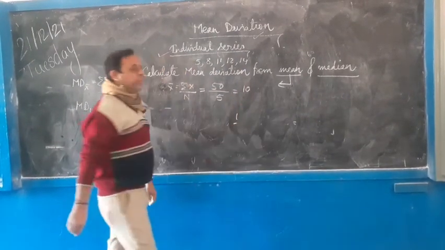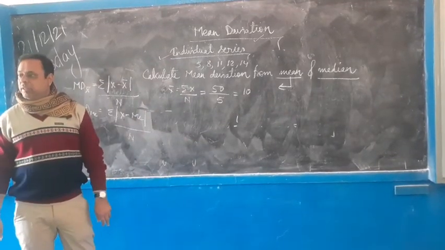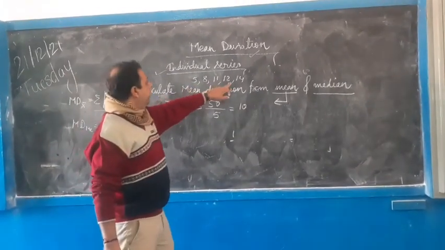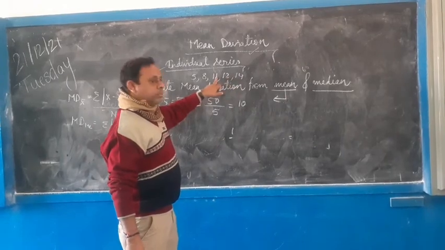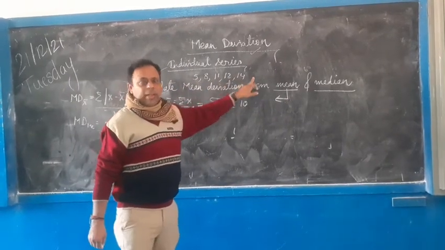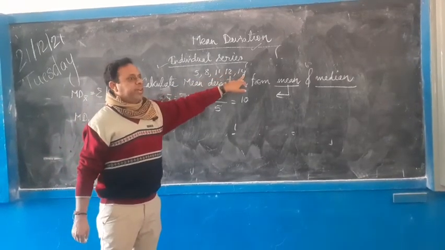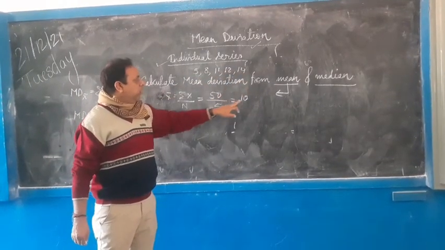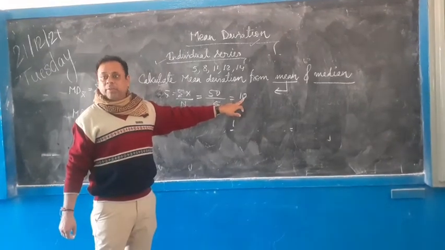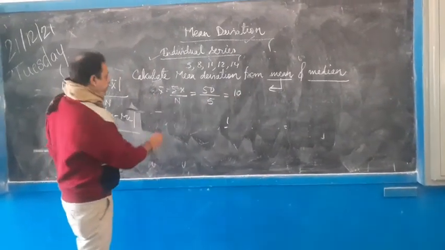So the mean value, the average, is coming 10. The sum total of these values is 50 divided by the total number of observations, 5. So 50 upon 5 is 10. This is our mean, x bar.